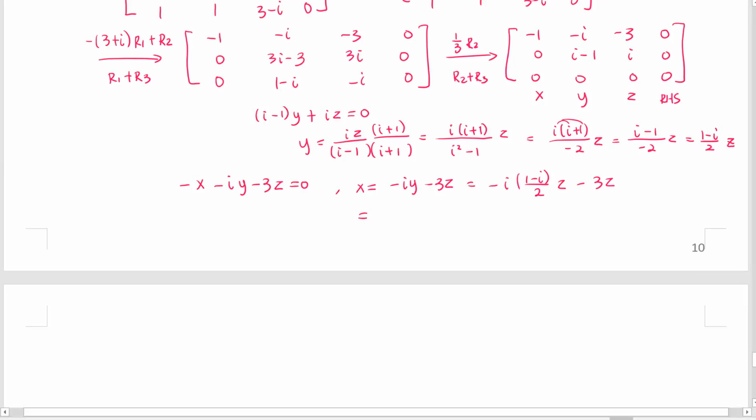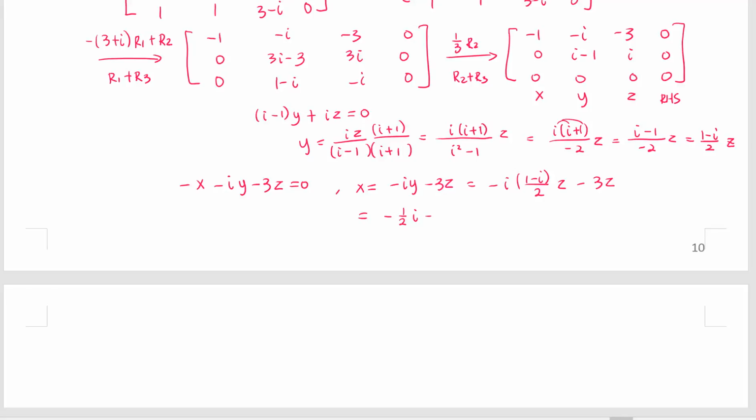So x is, let's distribute it. So minus 1/2 I, and then minus I times minus I is positive I squared. Positive I squared is negative 1.